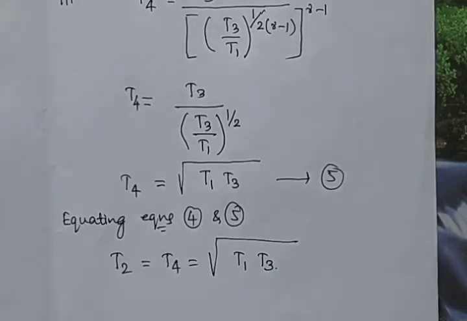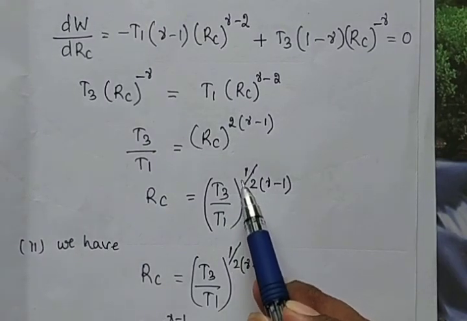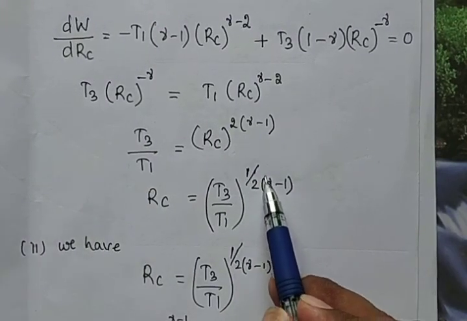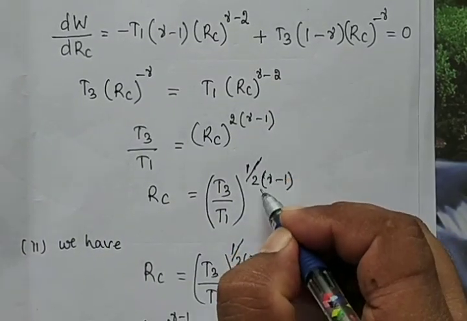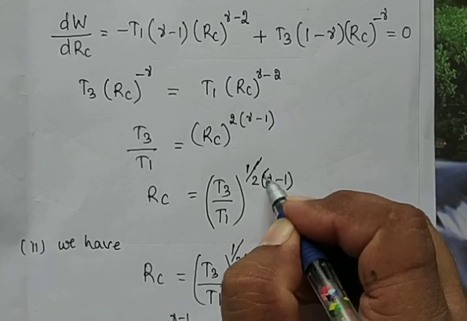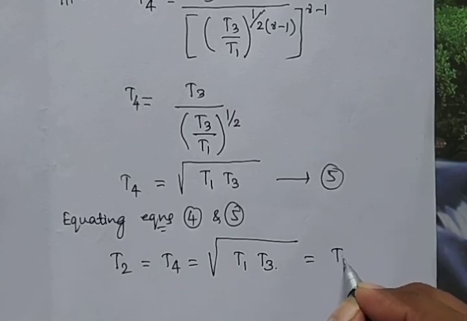In the first case we have proved RC equal to T3 by T1 whole raised to 1 by 2 into bracket gamma minus 1, that is, 2 into bracket gamma minus 1 is in the denominator. And in the second case I have proved T2 equal to T4 equal to root of T1 T3, or I can write this as T1 T3 whole raised to 1 by 2.